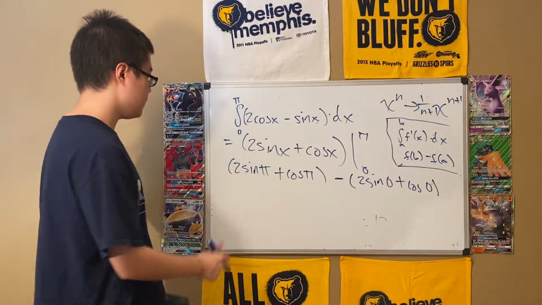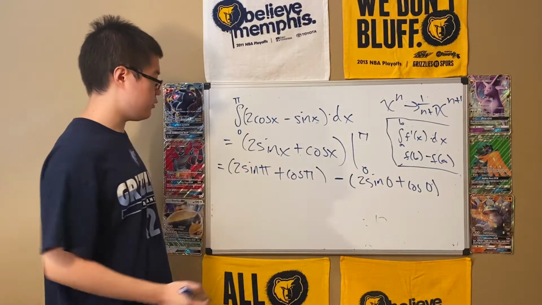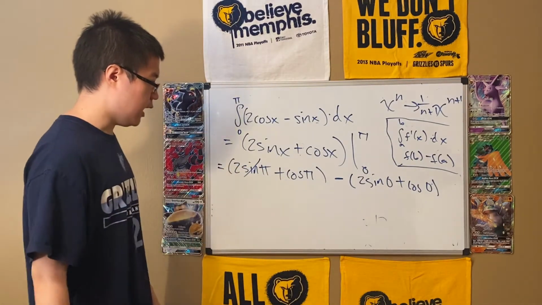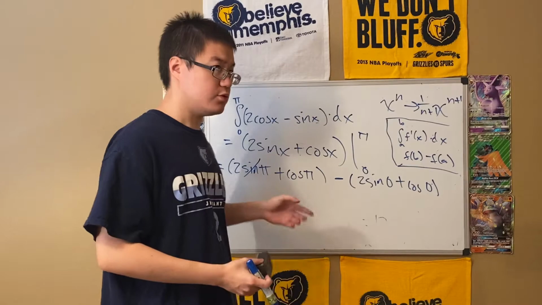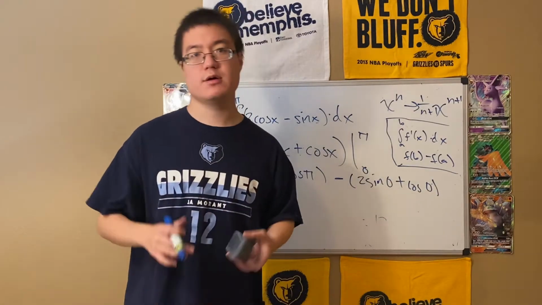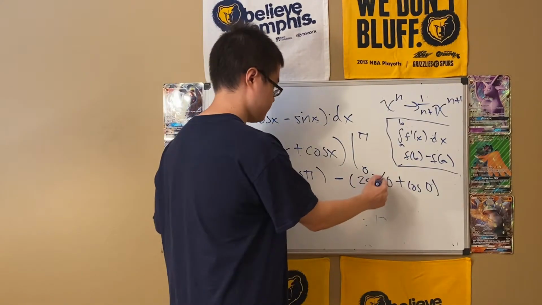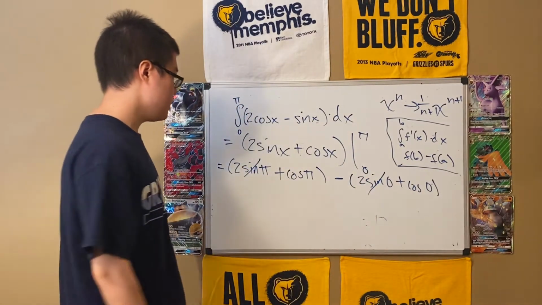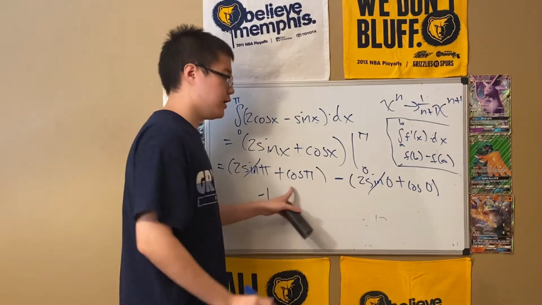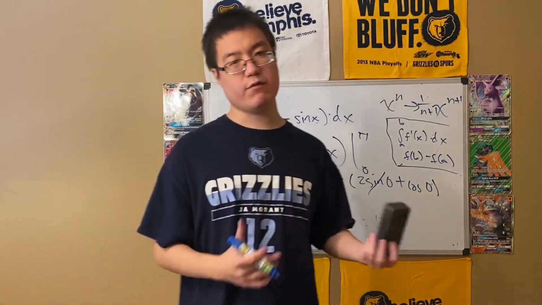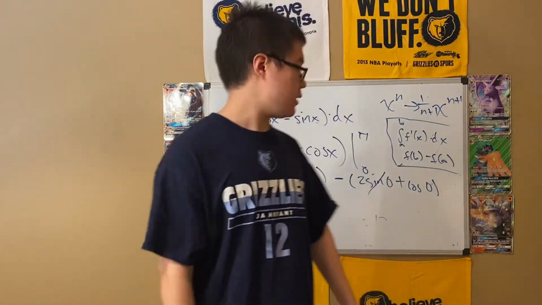So what's sine of pi? Some of these are actually 0. If you don't know, sine of pi is 0 because you're on the unit circle, and pi deals with the point -1, 0. Sine is the y-coordinate, so sine of pi is 0. Same thing with sine of 0. So what's cosine of pi? Cosine of pi is -1. Again, pi goes with -1, 0 on the unit circle, and cosine is the x value.